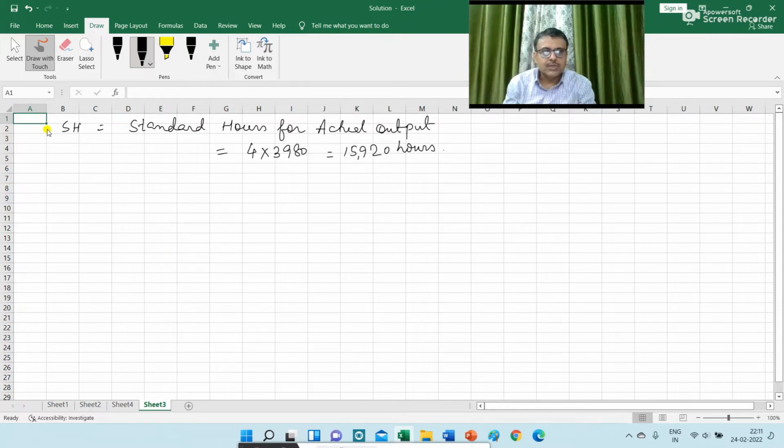The next parameter is standard rate, SR, which is calculated as budgeted overhead divided by budgeted hour.